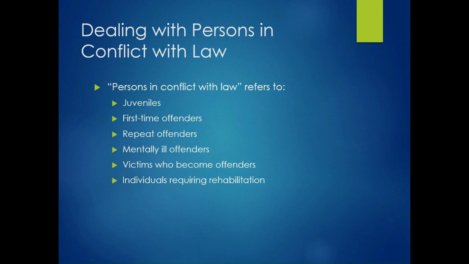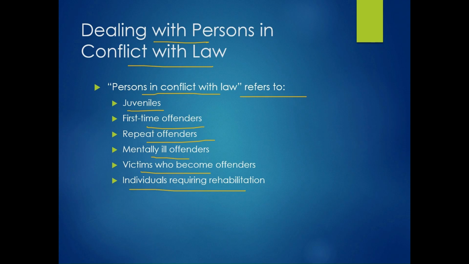Next role in correctional psychology is dealing with persons in conflict with law. So, persons in conflict with law refers to juveniles or offenders who are below the legal adult age, first time offenders, repeat offenders, mentally ill offenders, victims who become offenders, individuals requiring rehabilitation.